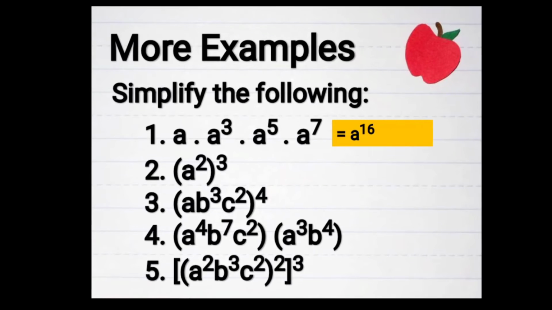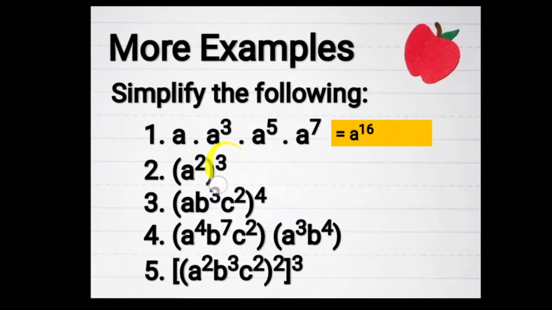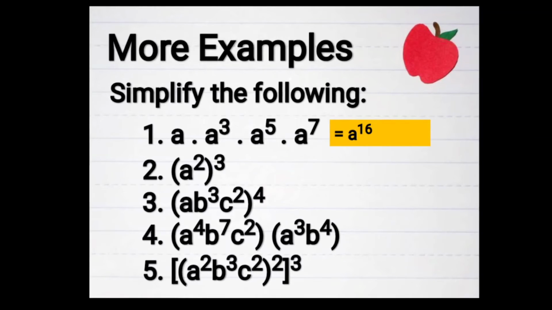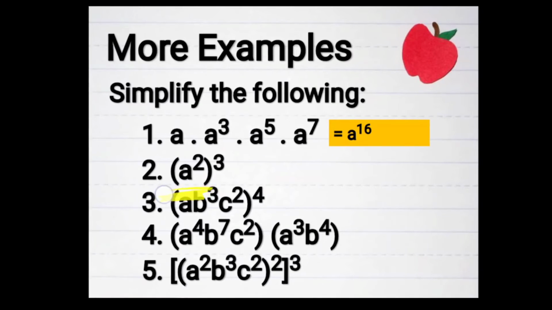Then for number 2, as you can see, we have parentheses, and we have an exponent outside the parentheses. In this case, we can apply the second law, which is the law for power of a power, because there is no operation inside the parentheses.